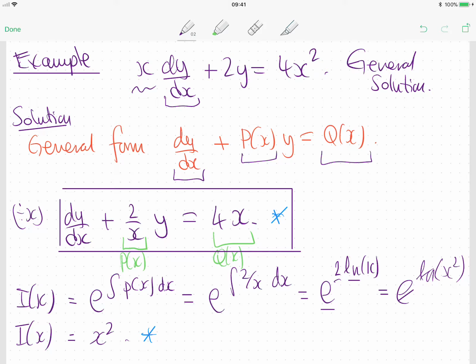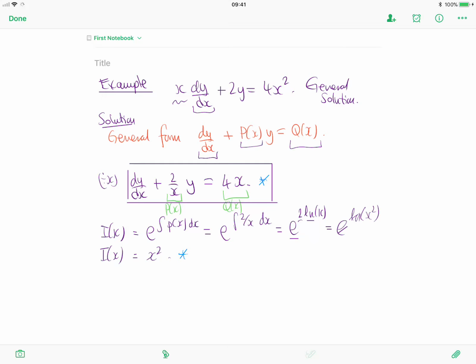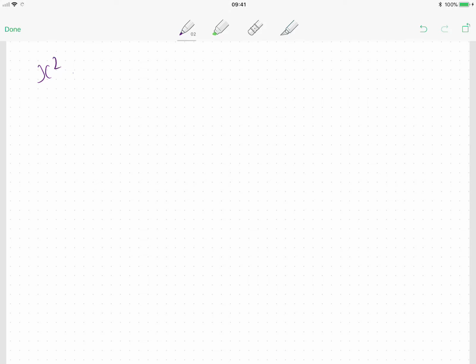Well, x squared dy/dx plus, so we had 2 over x, so that is just going to be 2x times y, and we had 4x, so we multiply that x by x squared, giving 4x cubed.